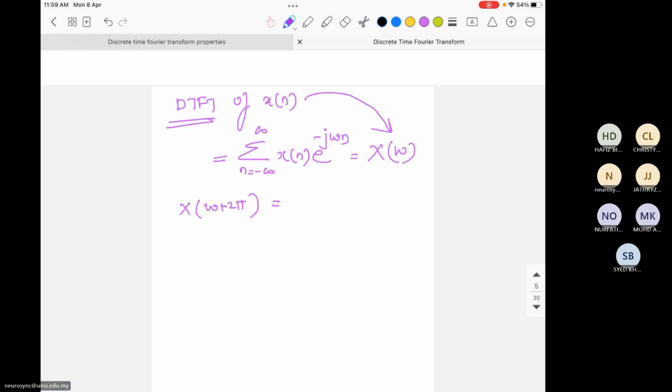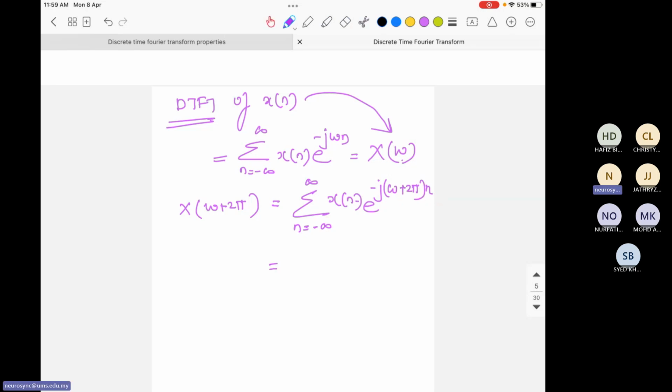If I add 2 pi, that is one period, to omega, what is the formula to get X of omega plus 2 pi? This is again the summation from n equal to minus infinity to plus infinity of x of n, and the projection is basically e to the power minus j, and instead of omega I need to write omega plus 2 pi, times n.